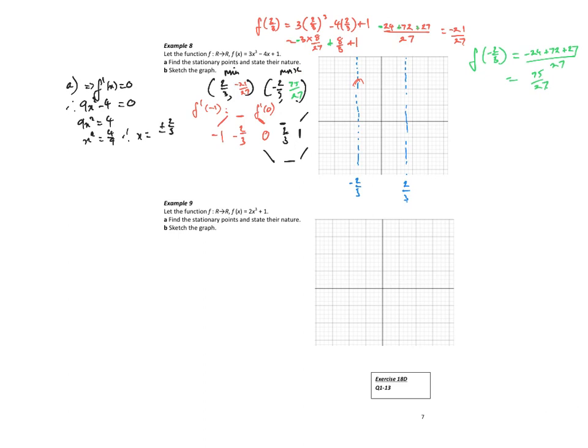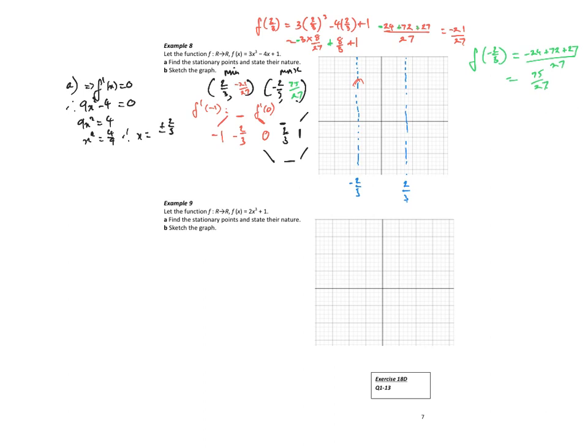So if I plot those points, at 2/3, negative 21 on 27, which is, we'll say, a little bit smaller than 1. And the other point is, oops, my bad, that should be at negative 2/3, 75 on 27. So that's a bit under 3.